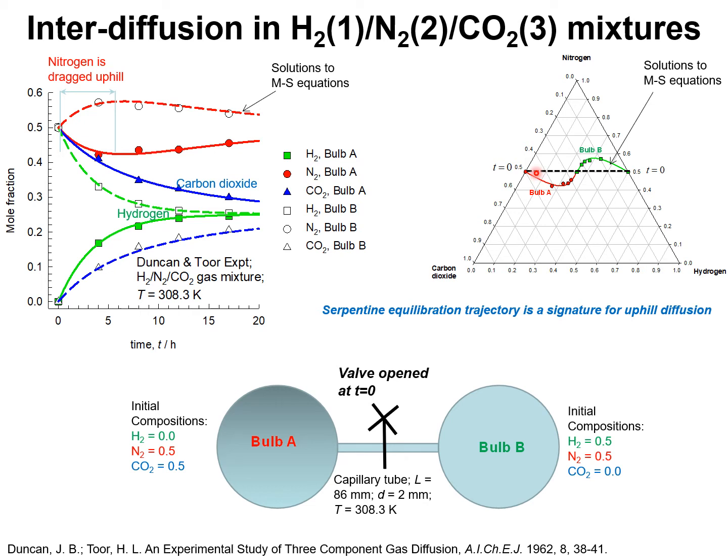Another conclusion to be drawn, as will be confirmed in several examples presented later in this presentation, is that a consequence of uphill diffusion is that the equilibration trajectory followed in composition space has a serpentine character.